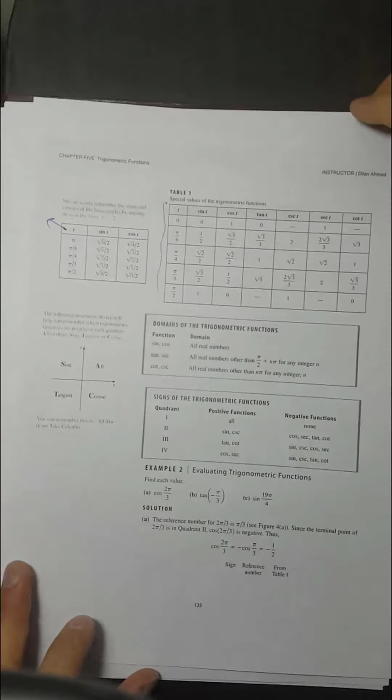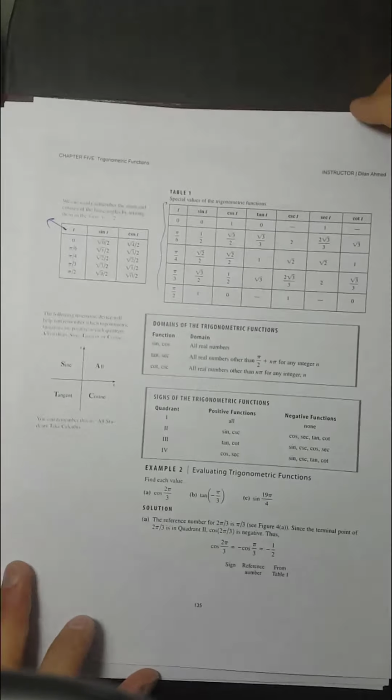Here we have 2 pi over 3, and you know pi over 3 is equal to 60. So it means cosine of 120. I know it's 90, 180, so 120 is here. So how about the cosine? How do we find this one?